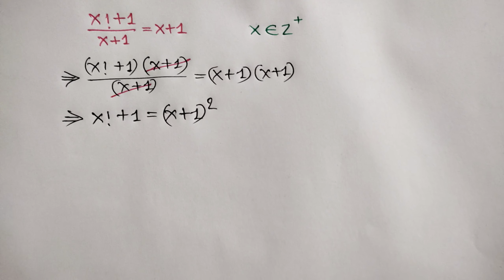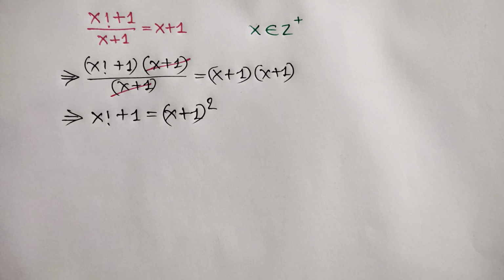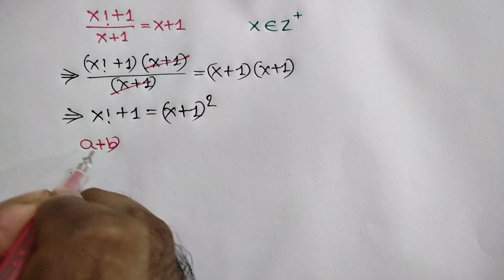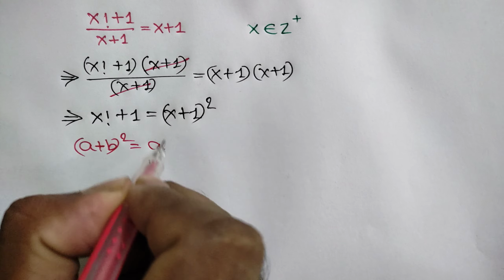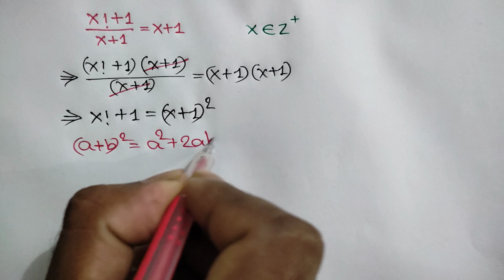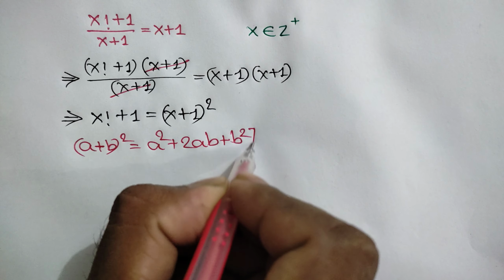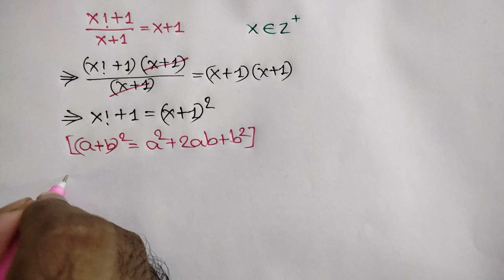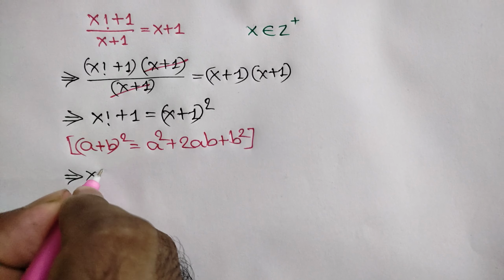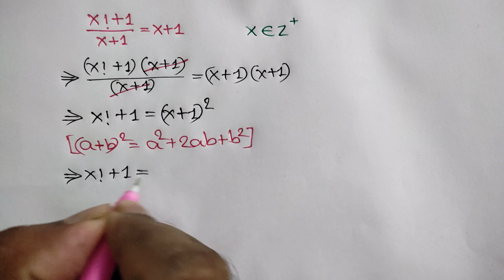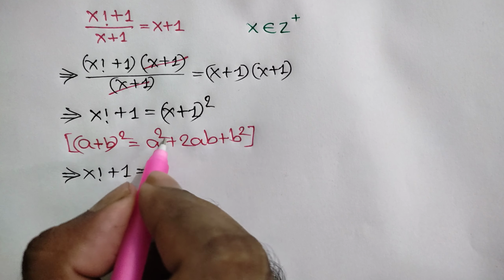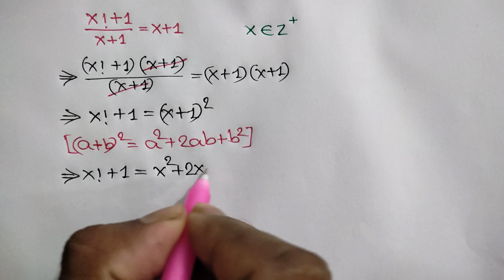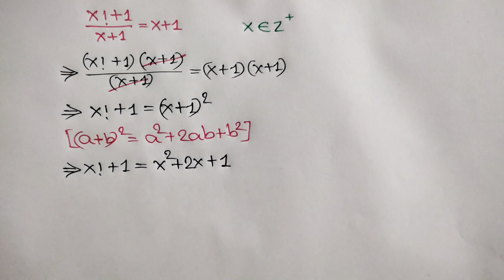Okay, now we know that the algebraic formula a plus b whole square is equal to a square plus twice ab plus b square. So we can write x factorial plus 1 is equal to, applying this formula, x square plus twice x plus 1.